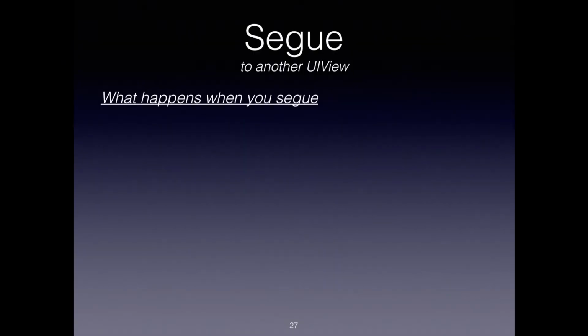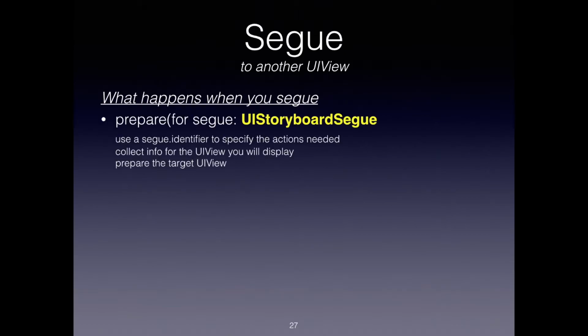What actually happens when you segue to another UI view? Well, basically, it's where you get a chance to prepare either information you want to send over there, or you want to take control of the view you're going to and do some setups over there. But in any case, you need to know the name of the view you're going to, and that's usually thought of as the target view.